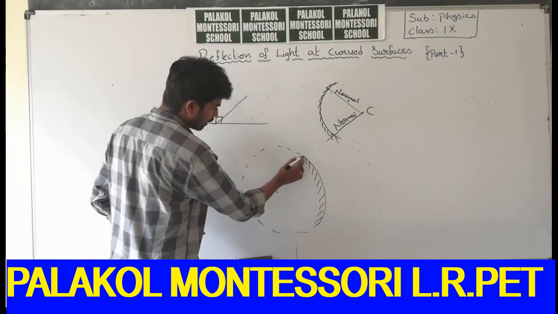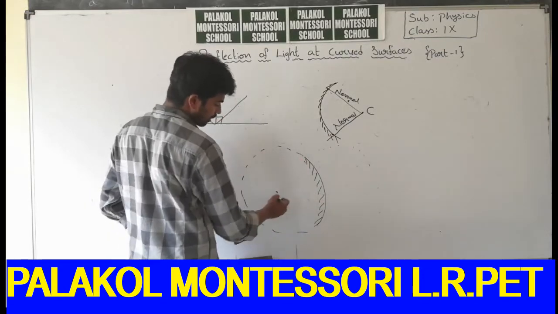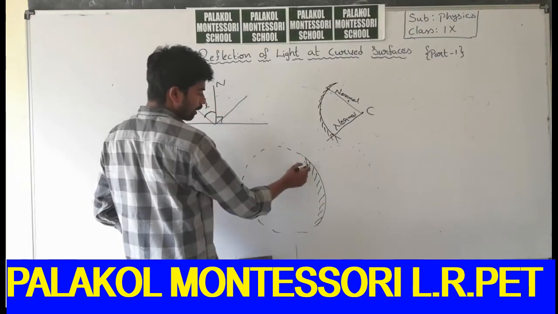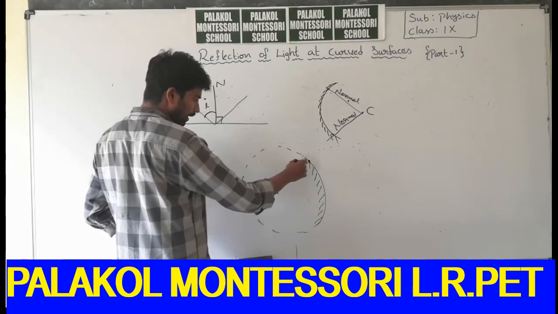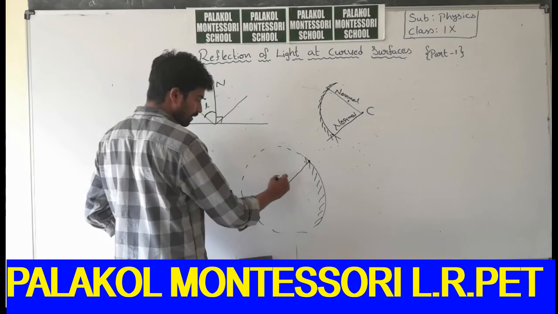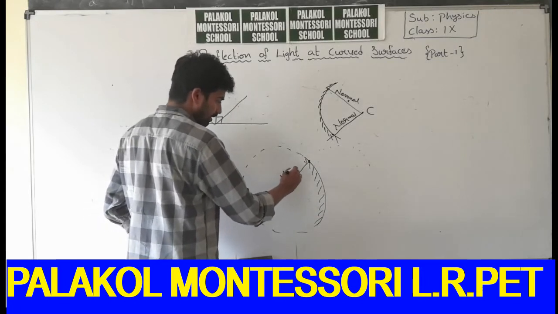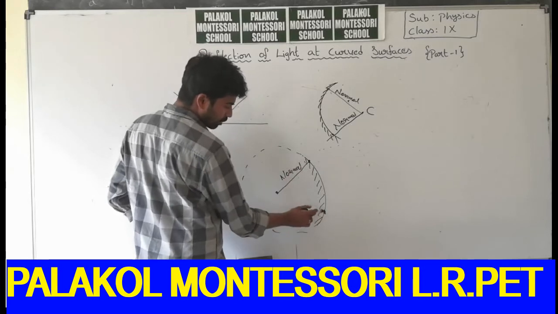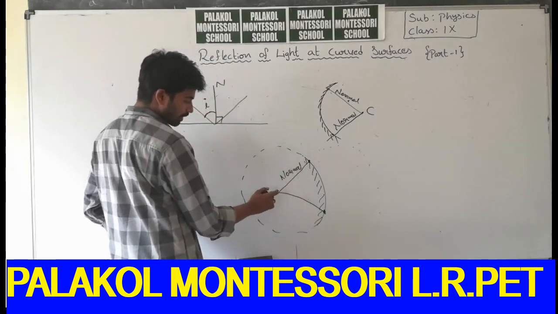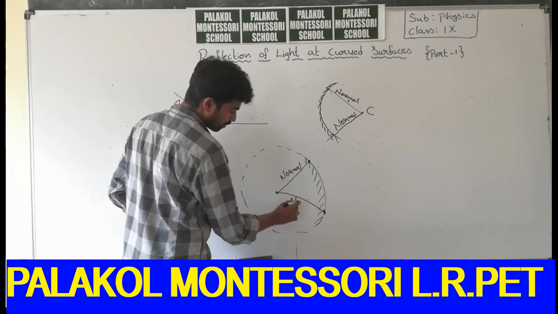Why? Because the sphere can be constructed like this. So, this is the center of curvature. If you want to draw the normal at this point, the line joining the point and the center of curvature will represent the normal line. So, this is the normal line.